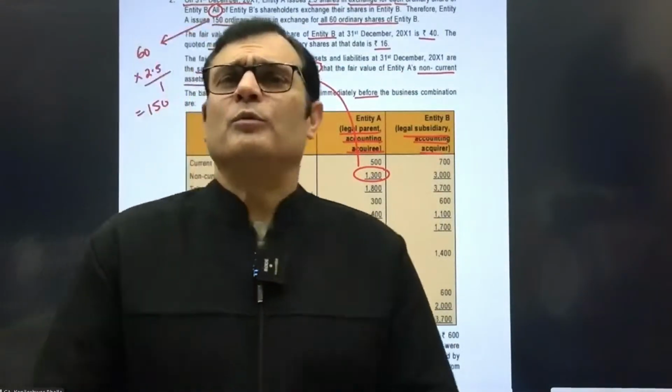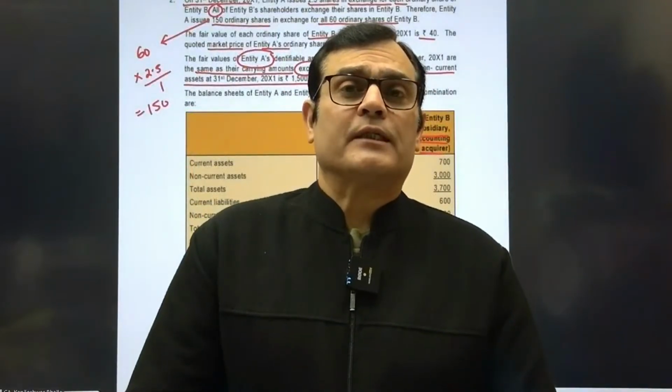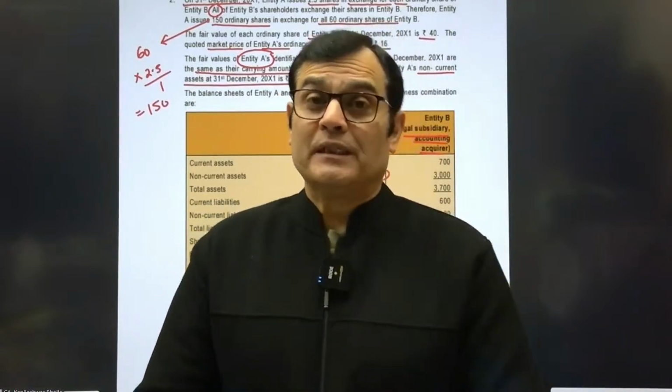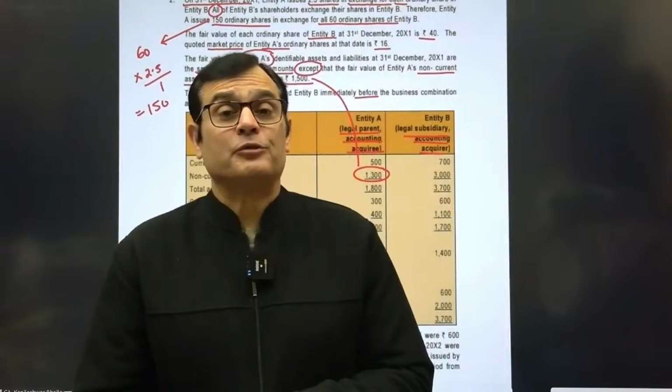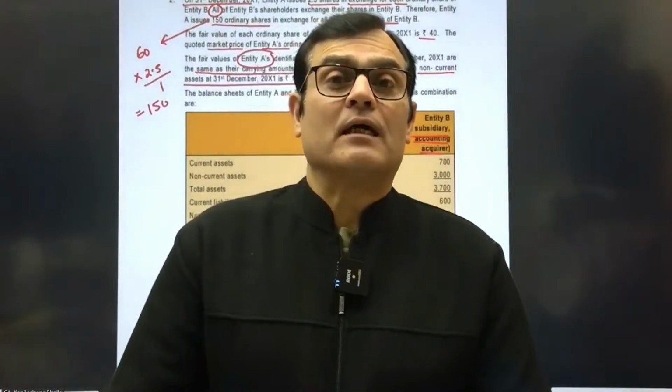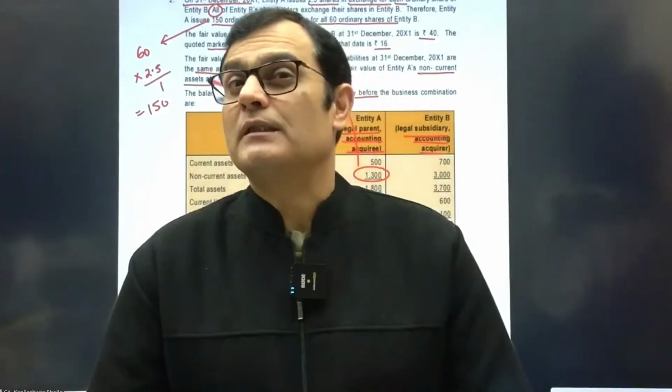Now, how would we tackle the question? I would say in terms of reverse acquisition, instead of doing the 7 steps, we're going to do the 6 steps. We're not going to put any journal entry because this journal entry is not to be passed in the books of the legal acquirer. So we need to do the accounting from the point of view of the legal acquirer, but considering the accounting from the accounting acquirer.